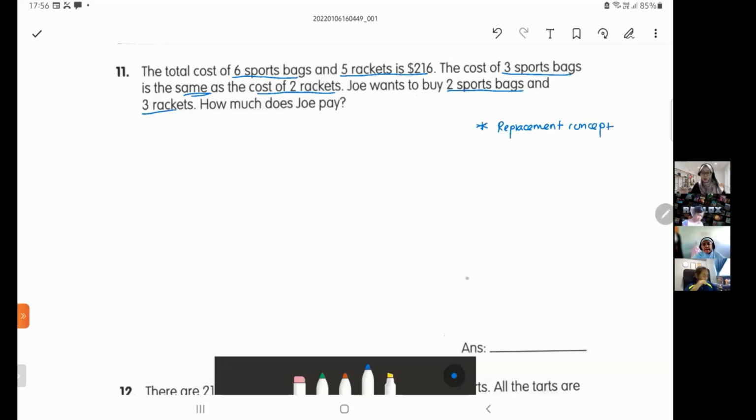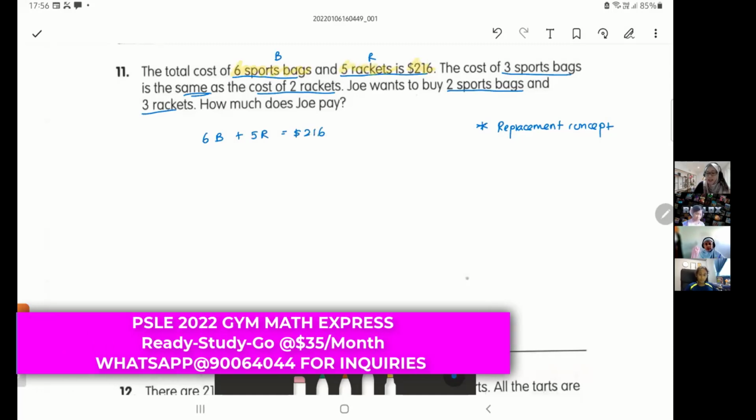Let's use short form. Sports bag, I'm going to just use B to represent it. Racket, just R. Okay, I don't want to write the whole thing. It's too long. Okay, we look at the first sentence. 6 sports bags plus 5 rackets, total is 216. We write it out first. 6 bags plus 5 rackets is $216.